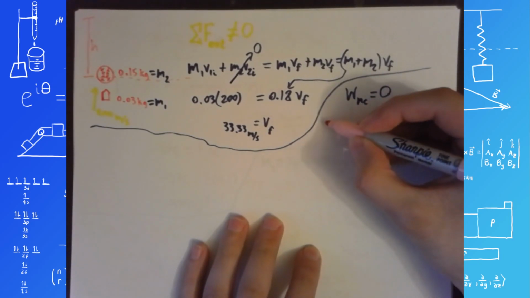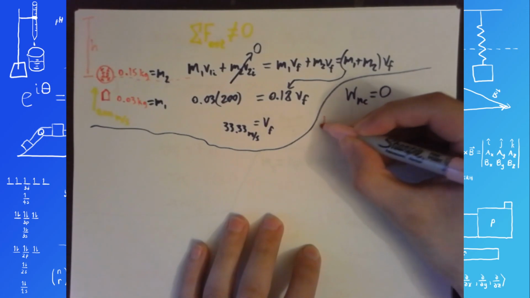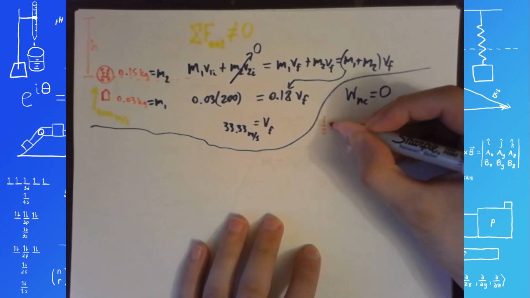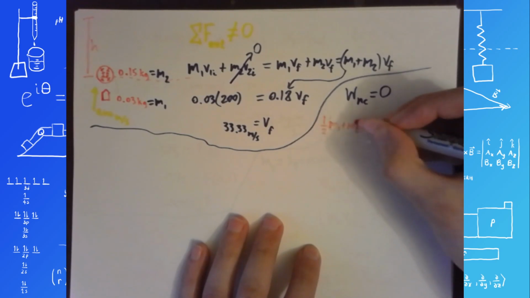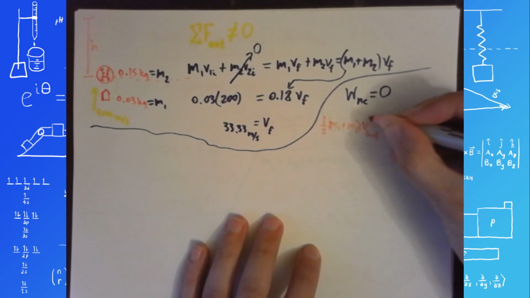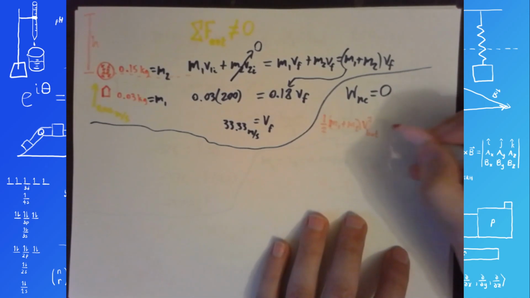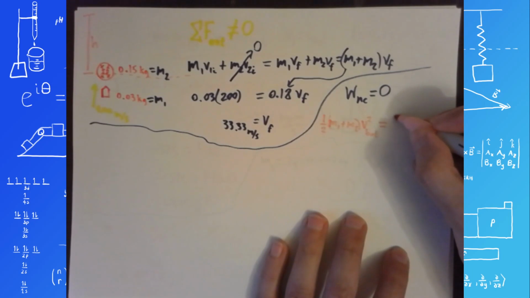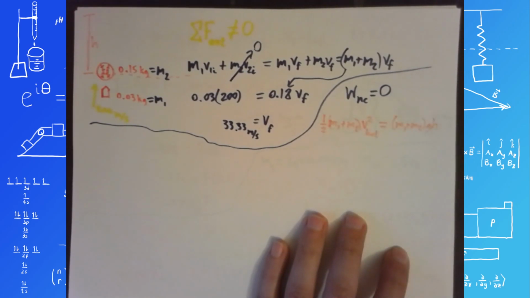So I'm going to do 1/2 times the total mass of M1 and M2, 1/2 (M1 plus M2) times, I guess I called it V final squared, but now I'm going to rename it to V bottom squared, plus 0 potential energy equals (M1 plus M2) times gh, plus 0 kinetic energy.